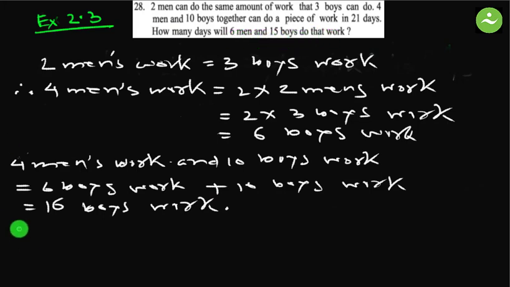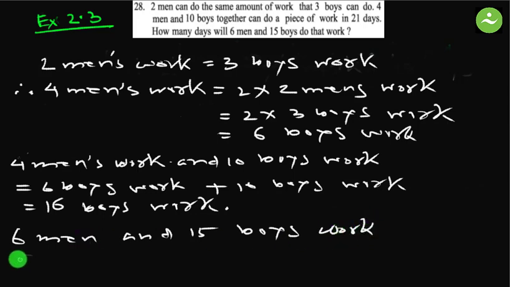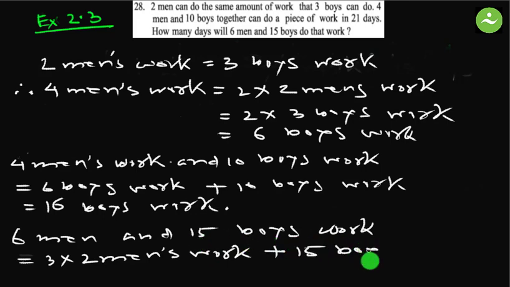So again, 6 men and 15 boys' work equals to, if we convert this to boys' work, 3 multiply 2 men's work plus 15 boys' work. 2 men's work means 3 boys' work.